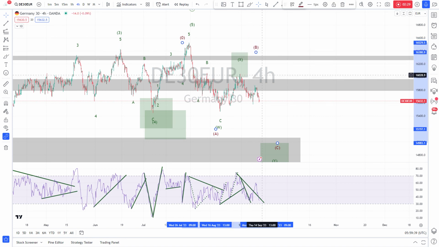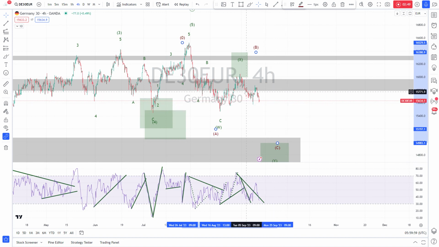But that's under the condition that we take out this high here. For the moment, this is not happening. So I would say I'm still calling for the Y leg down now.